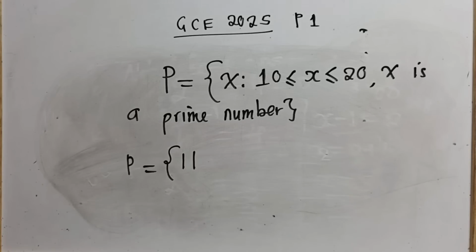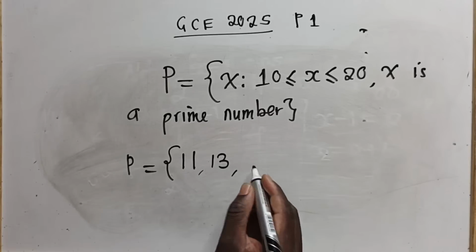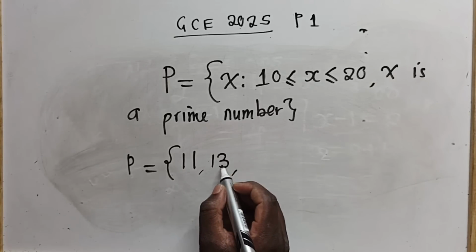What else? Tell me in the comment section which other prime numbers are in between that. I've given you 11. So which other one? 13. I can see somebody saying 13. There is 13, because in 13 there are only two numbers that can go in, itself and the 1.